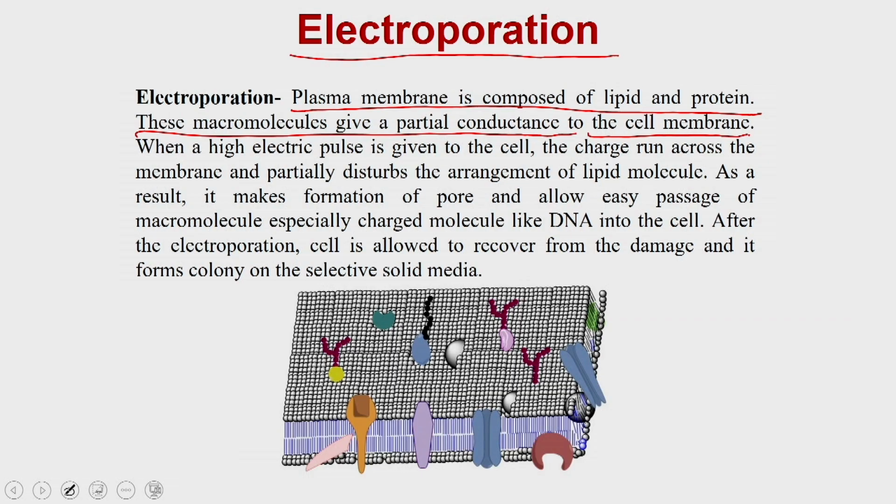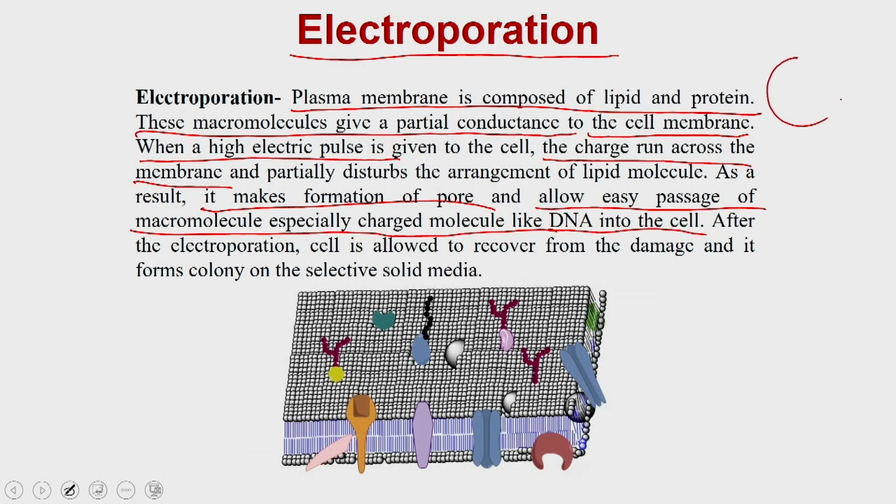So, if you provide a very high electric pulse to the cell, the charge actually runs across the membrane, and because the charge is running and you have a partial charge present on the membrane, that actually disturbs the arrangement of the charge on the membrane, and that brings a lot of pores onto the membrane. The formation of pores allows the easy passage of macromolecules, especially charged molecules like DNA, into the cell.